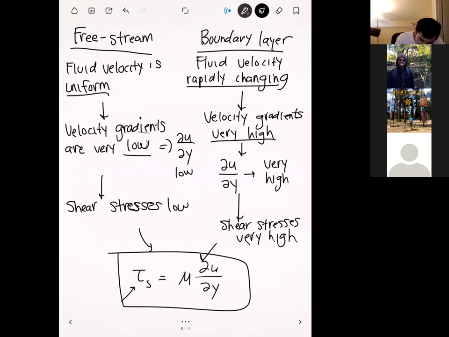And so this tau s here is the viscous shear stresses. This mu right here is viscosity. And we've already defined du dy above, which is simply the velocity gradient.